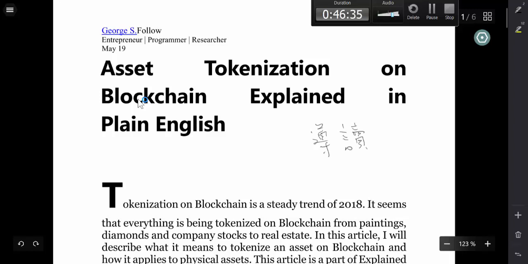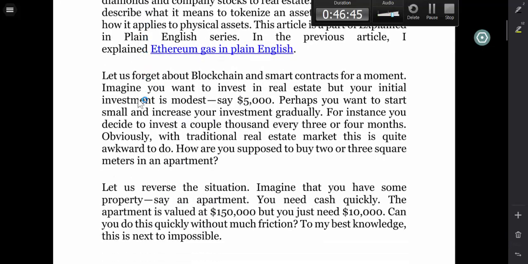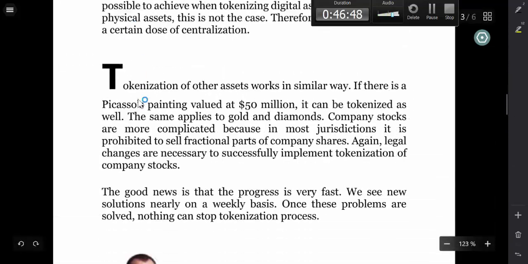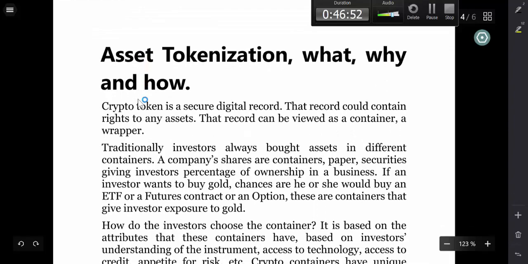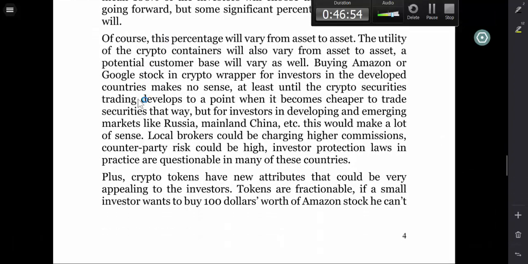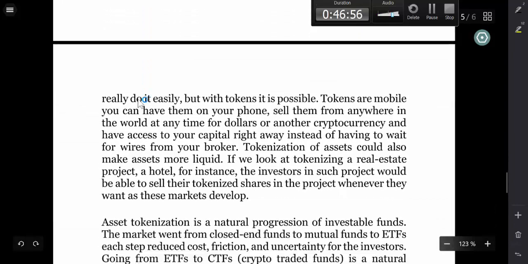Yeah. So I'm just going to give you some guidance on what this is about. Now, the first article is called, you can see it, Asset Tokenization on Blockchain Explained in Plain English. The second one is Asset Tokenization, What, Why, and How. Now, I'm sorry the font is a bit funny.